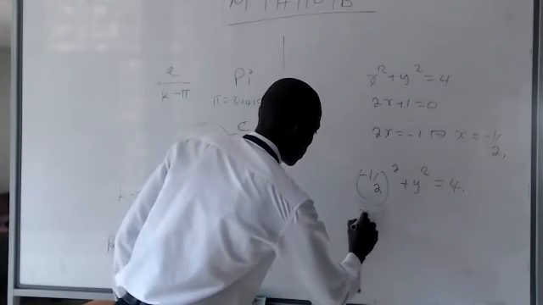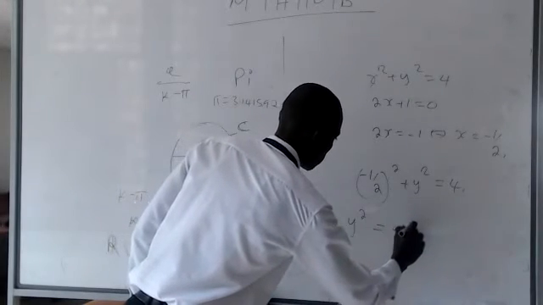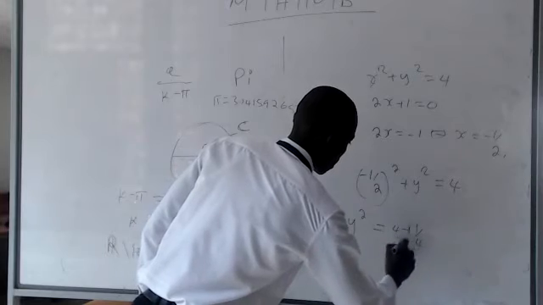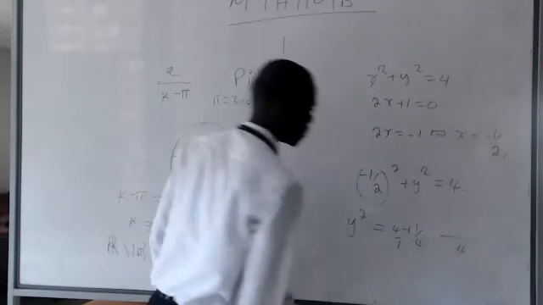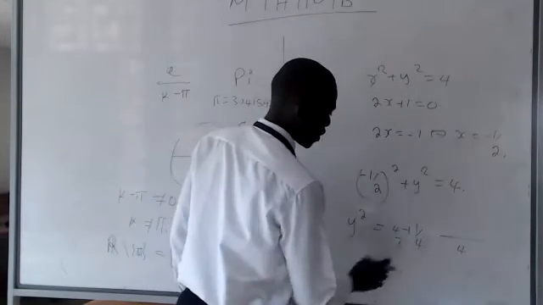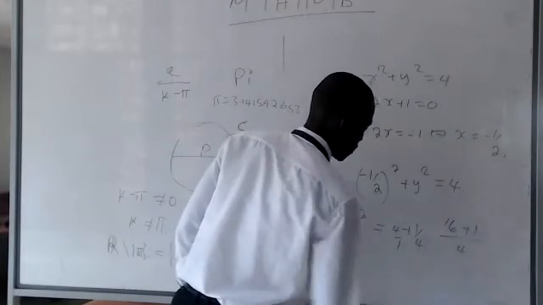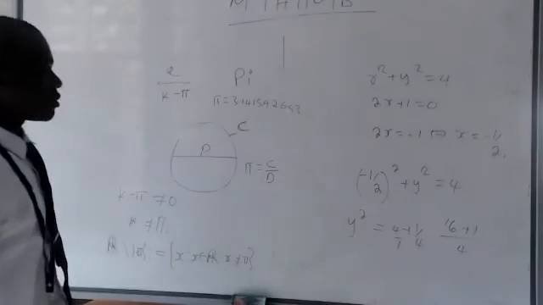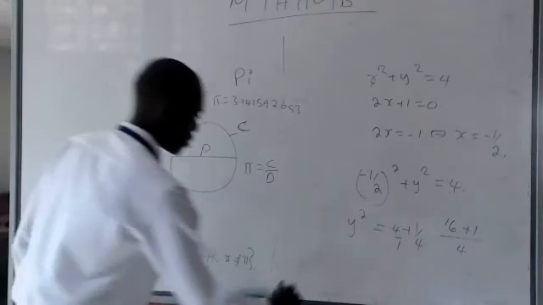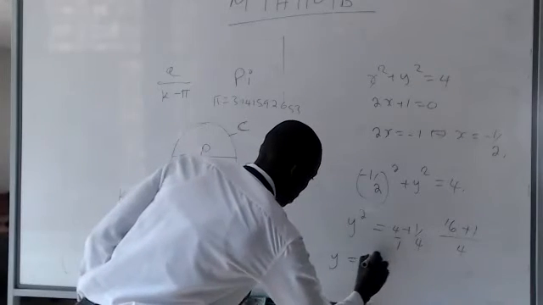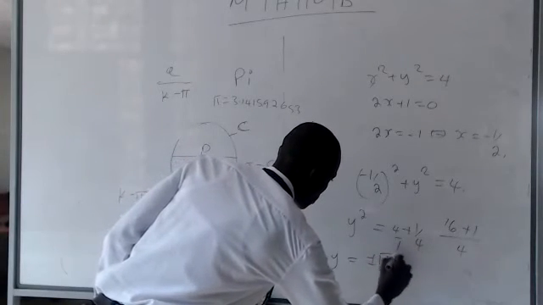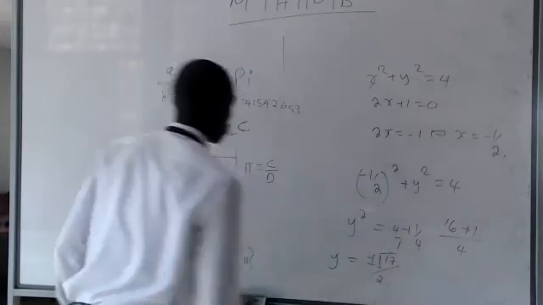It means y squared is 4 plus a quarter. So LCM is 4. Well, 1 divides 4 four times, so 4 times 4 is 16. Then 4 divides 4 once, so 1 times 1 is just 1. So this means we get y as plus or minus the square root of 17 divided by 2.